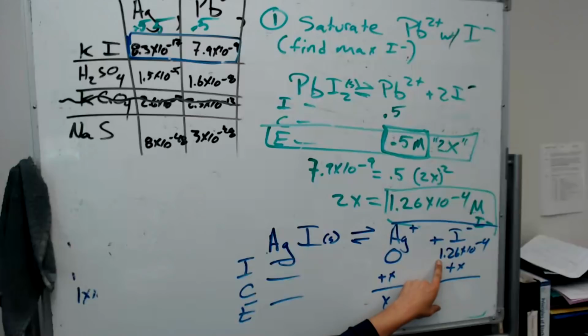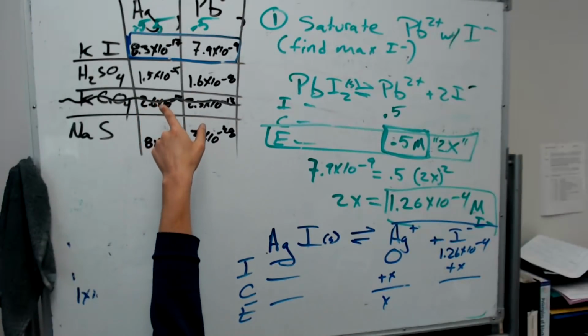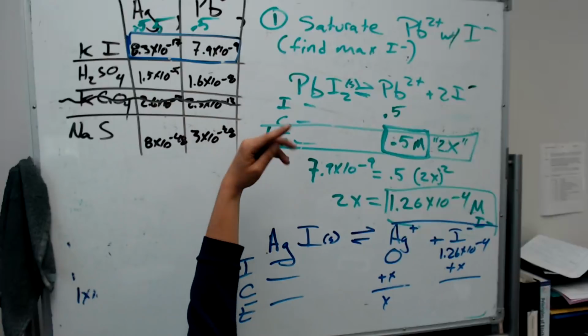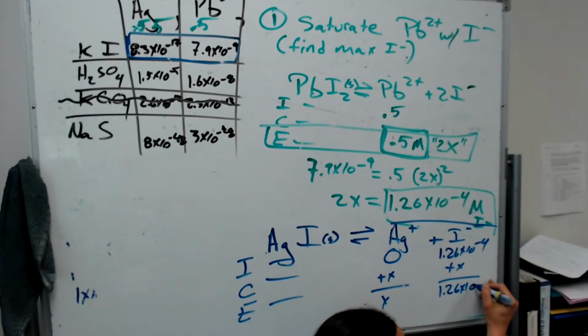Oh yeah, we can use it. Why can we use it? 1.26 times 10 to the minus 4 looks like a small number to me. What do I compare it to say I can use the x small approximation? The Ksp, 8.3 times 10 to the minus 17. I can probably say x is small here. So I'll just leave that as 1.26 times 10 to the minus 4.